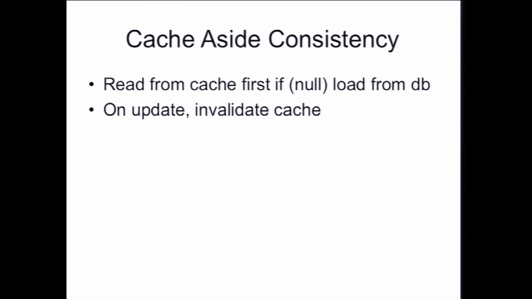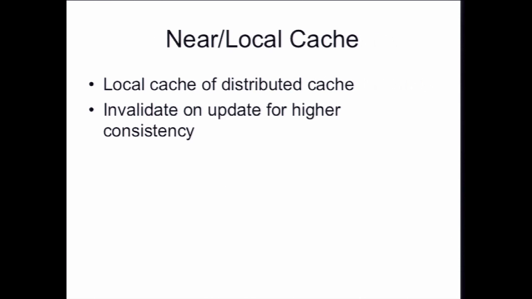So invalidating the cache on update will increase the level of consistency, but still not guarantee you perfect consistency. Most of the products do provide a near cache, meaning everything is in the data grid, but you can locally cache so that you don't have to go to the grid for every read.